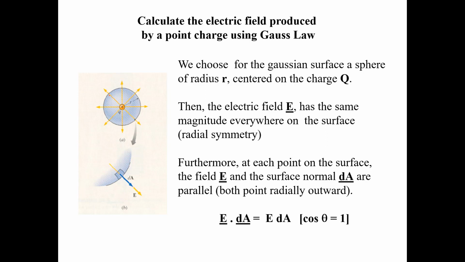And then for a spherical Gaussian surface, for example, if you take a small area here, then the area vector is pointing this way. Okay, so it is parallel to the direction of the electric field. So in any case where you take dA, the direction of your electric field line is always parallel to the direction of the electric field vector. Okay, so you have this one.